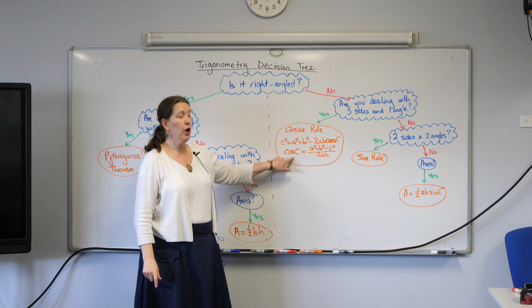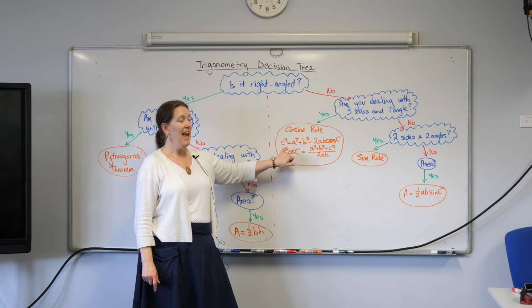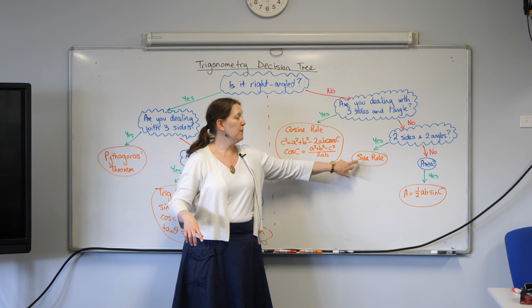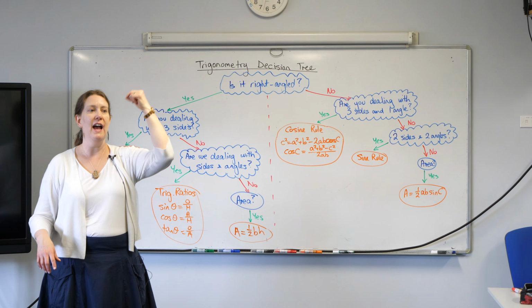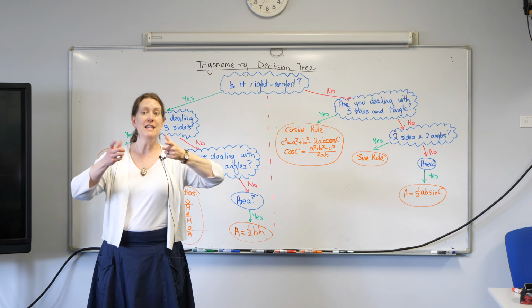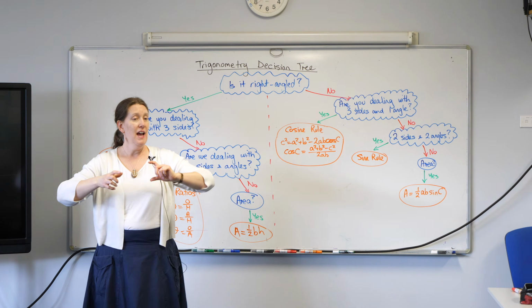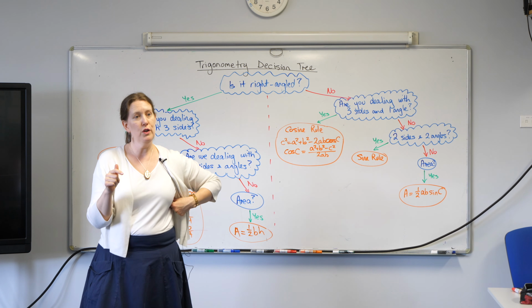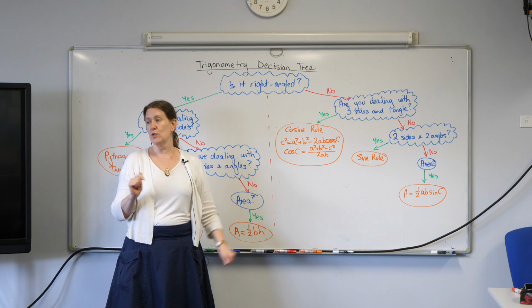So when we have our cosine rule, we have side, side, side, and this side is opposite this big angle. When we do our sine rule, it's little a, so side a over angle big A. These are not accidents. These are meant to give you hints. And if you're trying to squeeze a side into an angle, or more usually an angle into a side, then you're going to get yourself all mixed up.